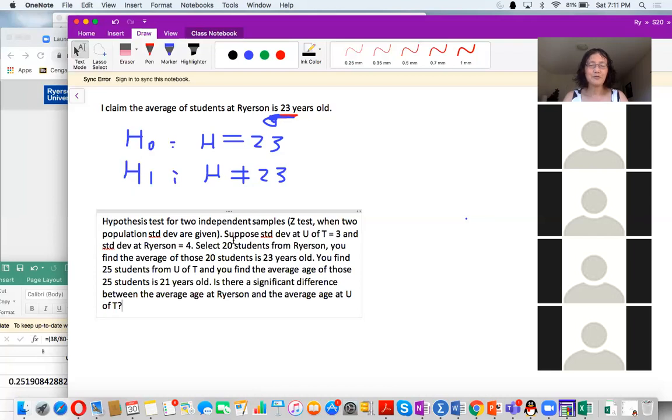Does anyone have questions about the context, what I am trying to do here?